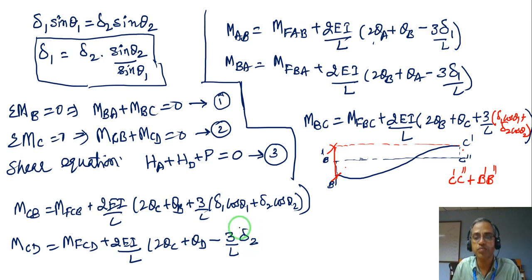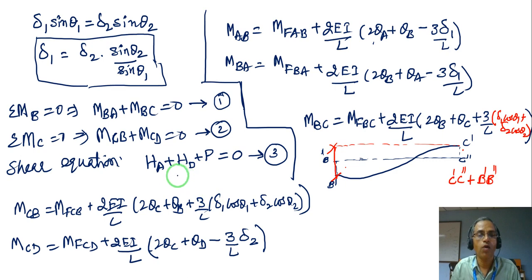The displacement of the joint, whichever joint you are taking, must be perpendicular to the member, that means delta 2. This is very important understanding. Of course, depending upon the end conditions, theta B can be 0 if the joint D is fixed.